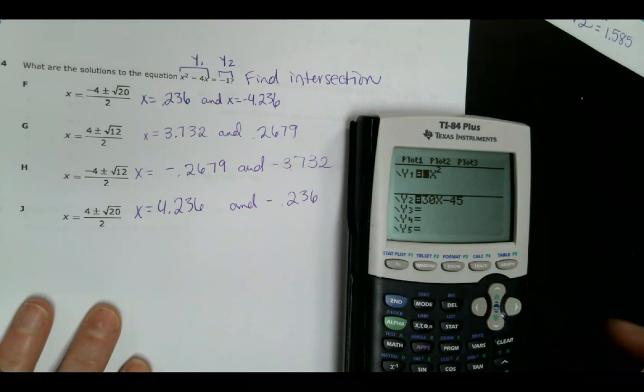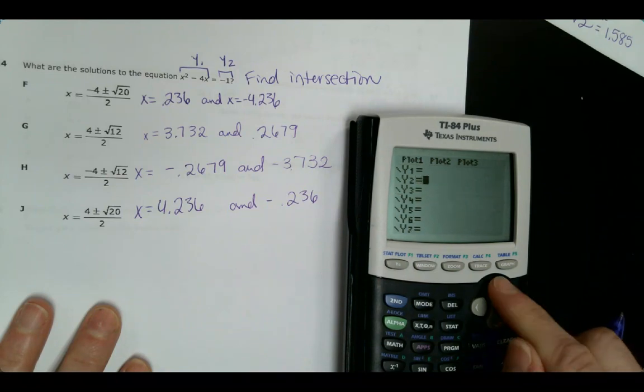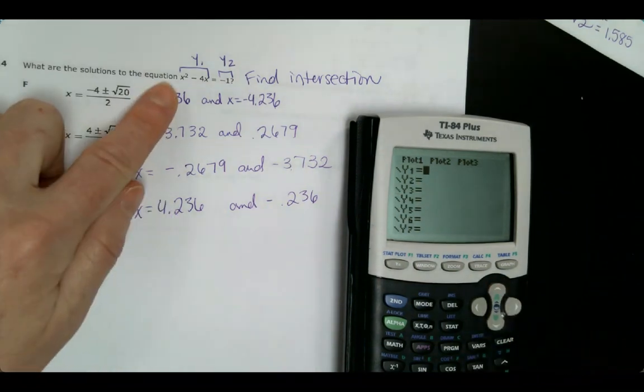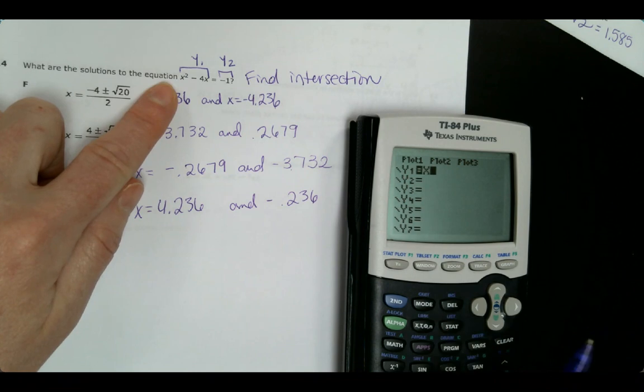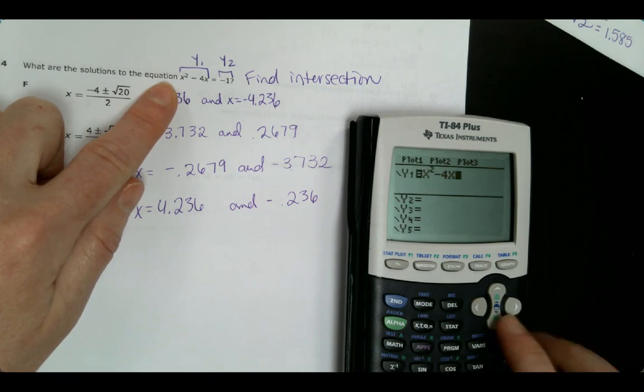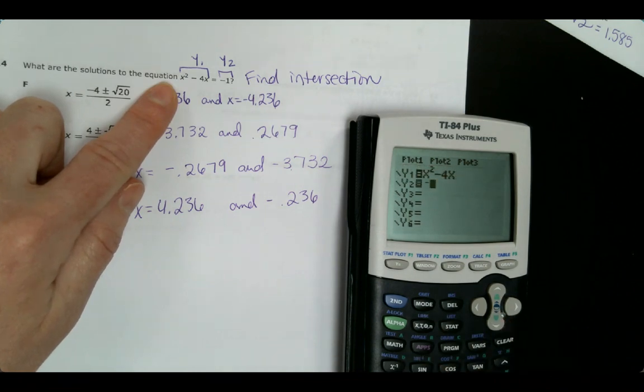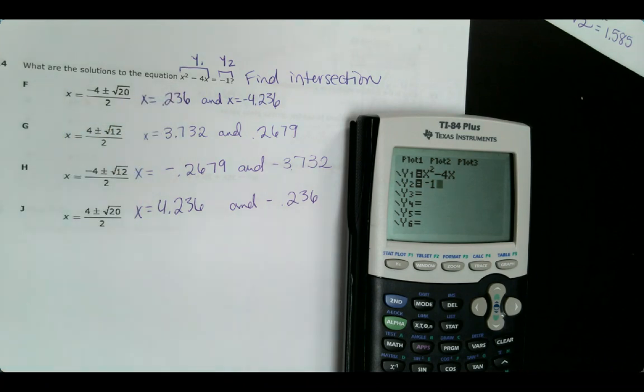So go to Y1, clear out what's in there. Let's put this in. X squared minus 4x, negative 1. You're going to have two intersections. So you want to find out what those two intersections are. So you might have to arrow left or right in the very beginning to find those.